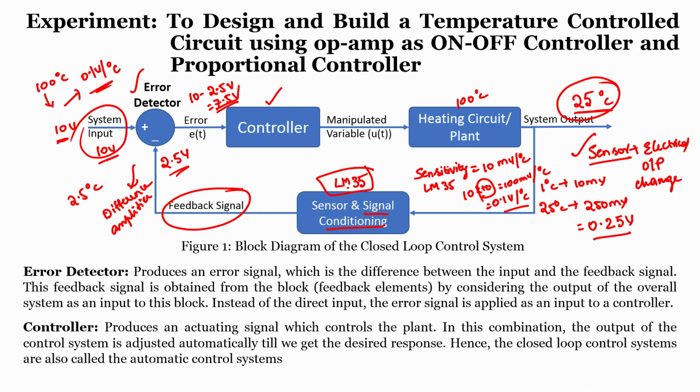So, we will go with an on off controller, we will see how an on off controller works in this case, what the on off controller does and how a proportional controller does. Since professor has already discussed the on off and proportional controllers in the theoretical session, we will see how to implement the logic of on off and proportional controller using this particular op amp, and we will try to implement it here.